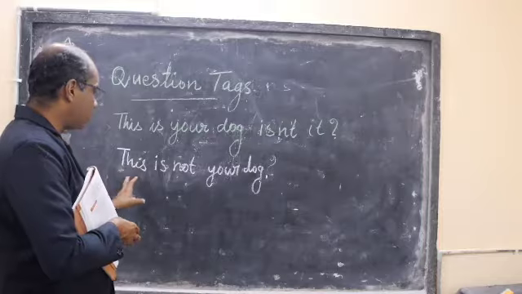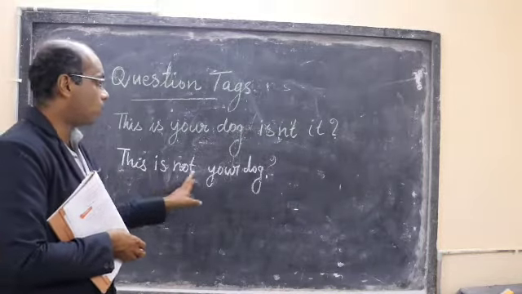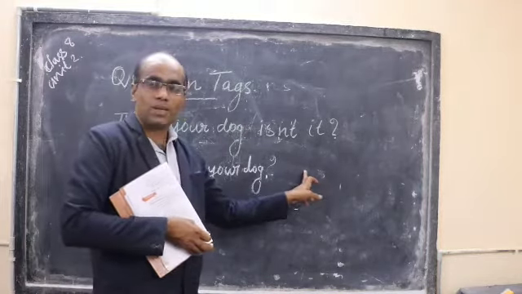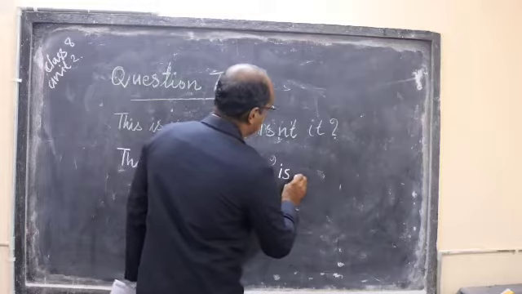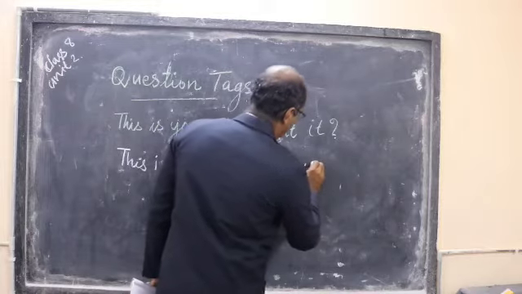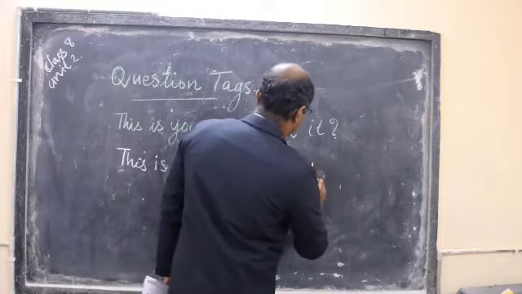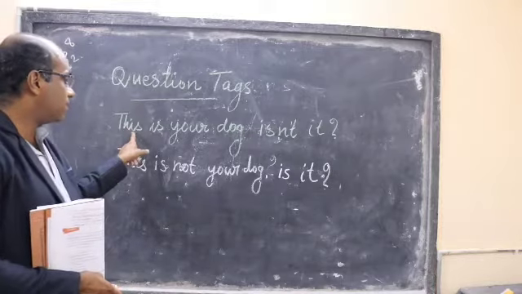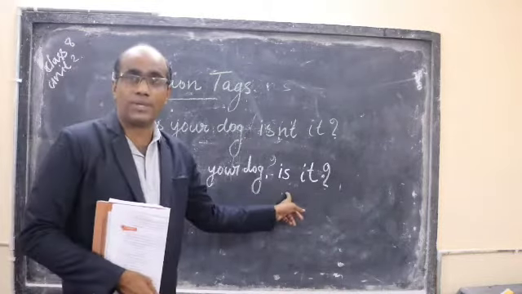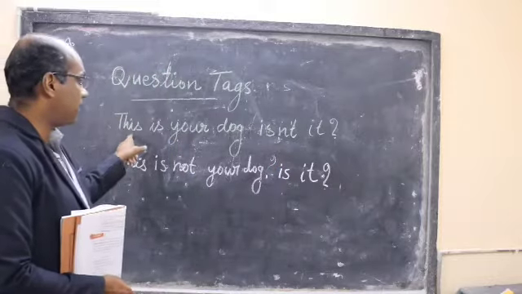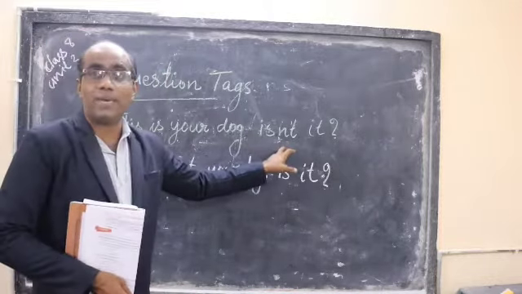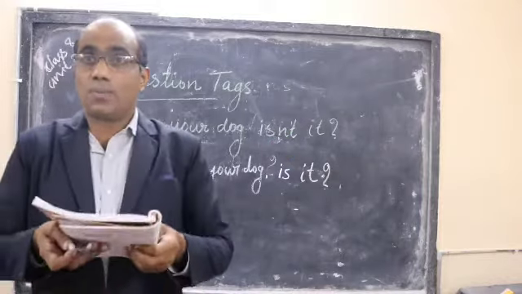Suppose the statement is negative, the question tag will be positive. Then how to form that? Just write, is it? This is not your dog, is it? So suppose it is negative, the question tag will be positive, and suppose the statement is positive, the question tag will be negative. Okay, so please remember that.